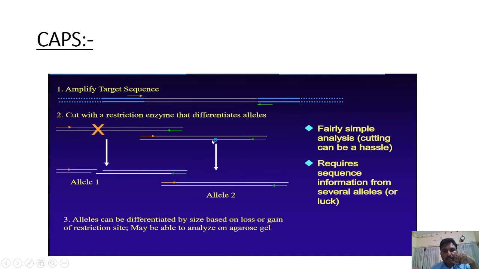Then here we can see that there is no restriction site for that particular enzyme. So this amplified product may remain intact, and in the gel you will get only one band. That means for one organism you will get two bands, and for another one you will get one band. So this pattern in the gel for these different organisms may have differences. This can be made clearer with the next picture.